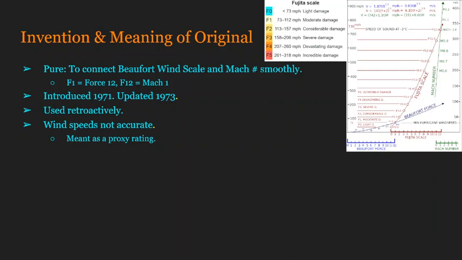This is an after-the-fact rating by surveying damage. And quick note here, the F scale has a cap because this was the maximum wind speed recorded from May 3rd, 1999. You can verifiably put a cap on the wind speed of the F scale because it's not being used anymore.